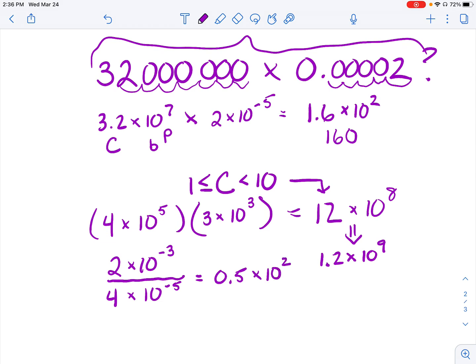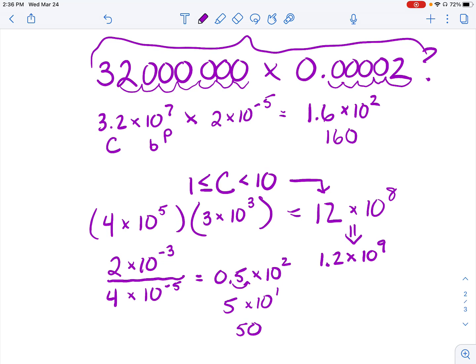Negative 3 minus negative 5, so negative 3 plus 5 is 10 to the second. But I've got to move that one more. So then this actually is 5 times 10 to the first, which actually is just 50. So sometimes it's simpler to put it in standard notation.